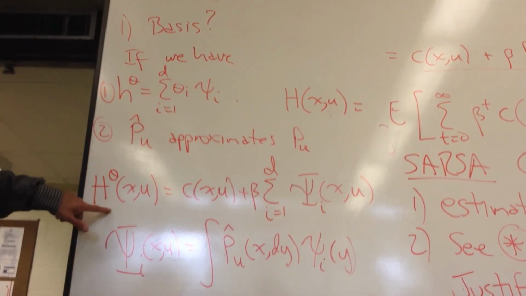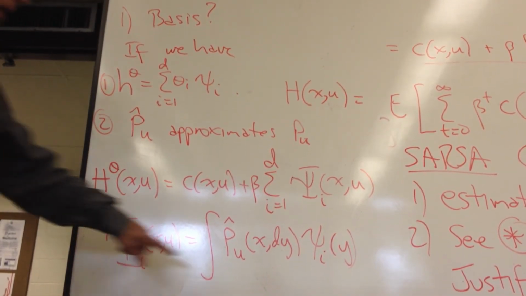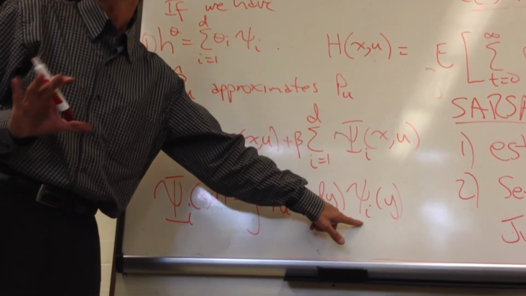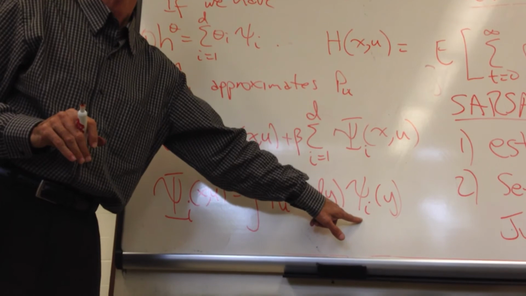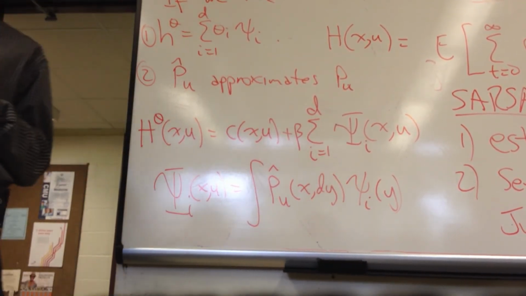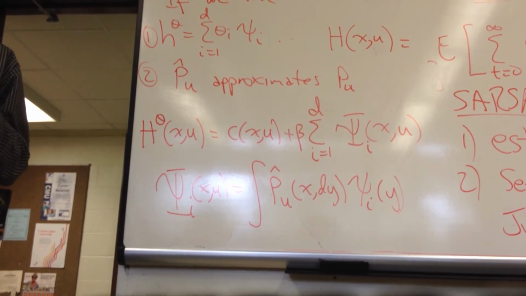So I'm expanding this out just to emphasize the fact that I still have to perform an integration, but only with these D functions. And I'll choose P hat and psi so it's something I can actually compute in closed form or approximate.